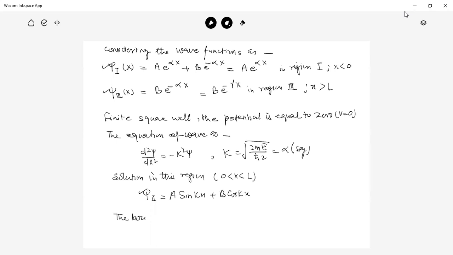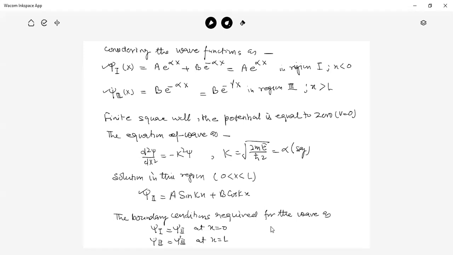The boundary conditions required for the wave are psi 1 is equal to psi 2 at x is equal to 0, and psi 2 is equal to psi 3 at x is equal to L. That is the left case and right case.